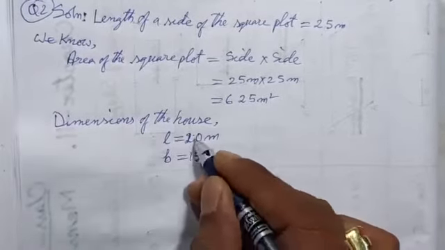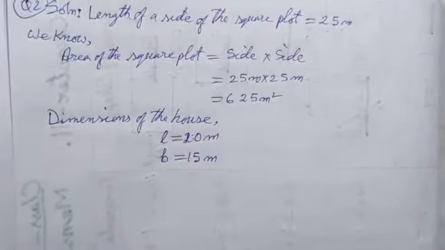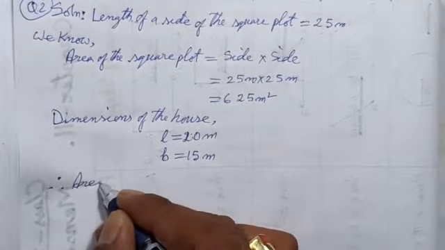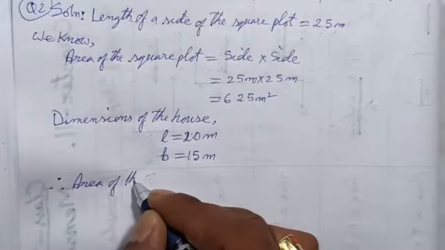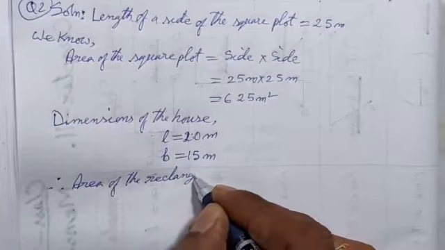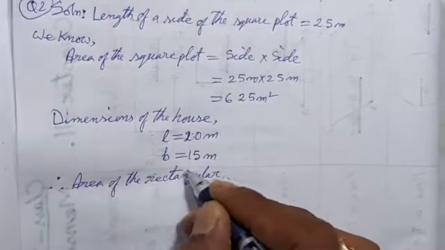Therefore, let's find the area of the rectangular house.